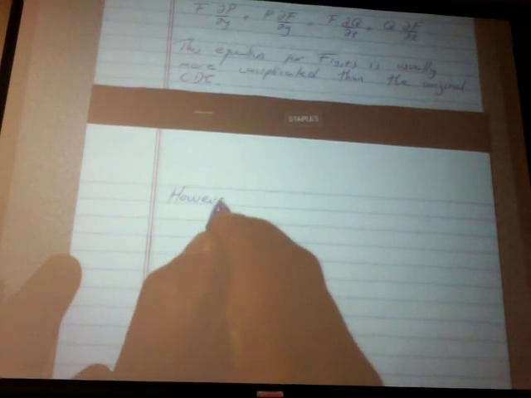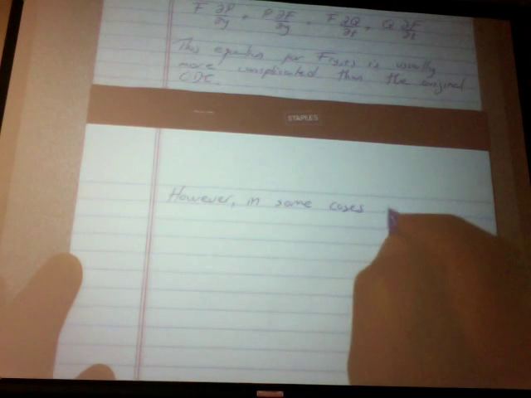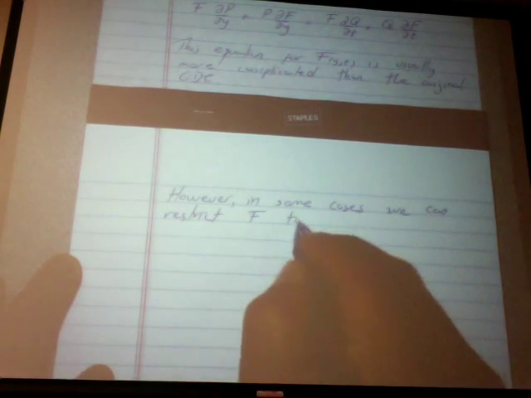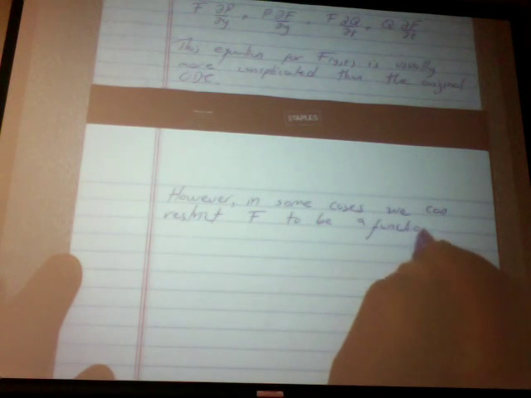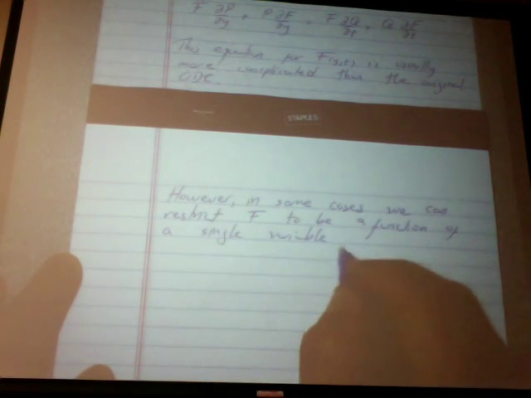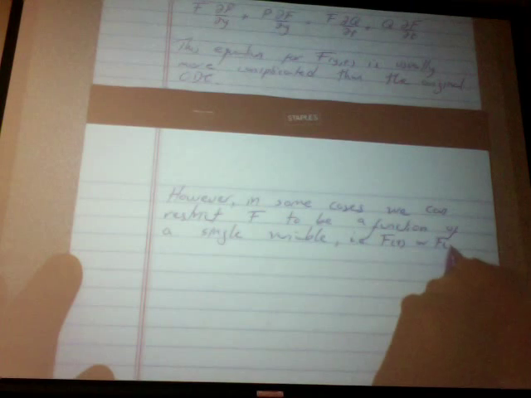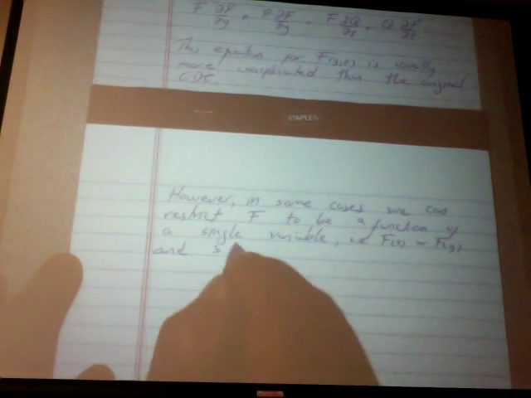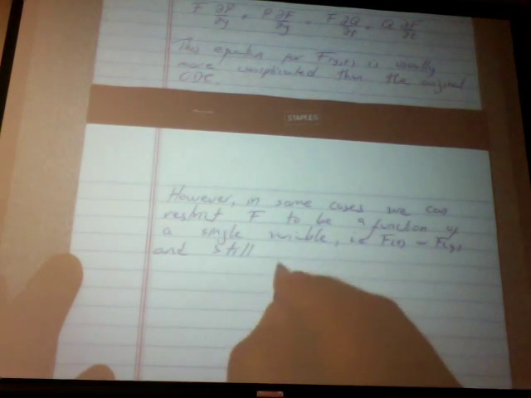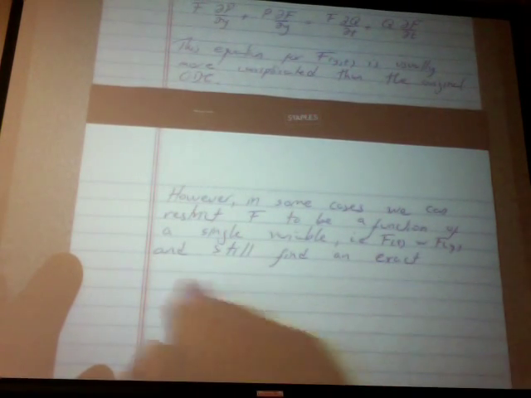However, in some cases, we can restrict f to be a function of a single variable, i.e. f of t or f of y, and still find an exact expression.